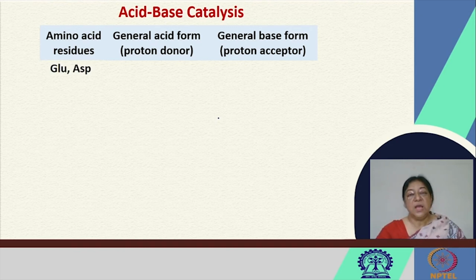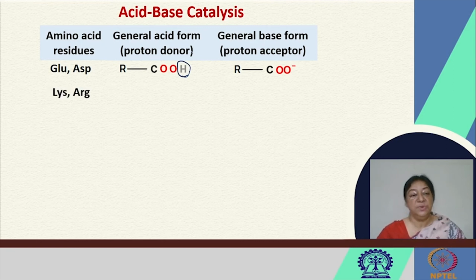There are glutamic acid and aspartic acid, and we realize that the general acid form would be the proton donor, where it can donate the proton and in effect would become RCOO minus. We understand this is possible from the type of residue it belongs to. The basic amino acid residues would therefore have a proton donor in the NH3 plus state and an NH2, they will be able to accept a proton.